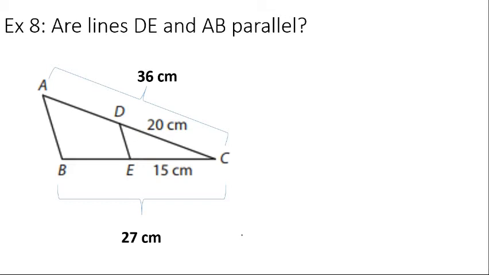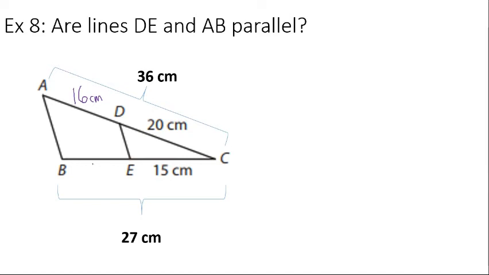Okay, now example 8. On this one, we have this example here. So this is 20, but it says the whole length is 36. So what I do here, I just take 36 minus 20, and that gives me 16 right here. On the bottom, I just take 27 minus 15.